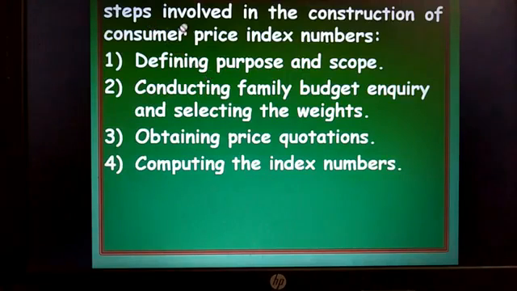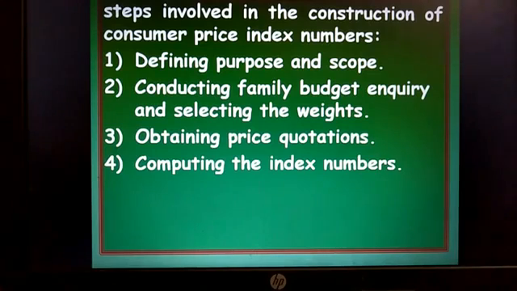So these are the steps involved in the construction of consumer price index number. First one is defining purpose and scope. Second one is conducting family budget inquiry. Third one is obtaining price quotations.